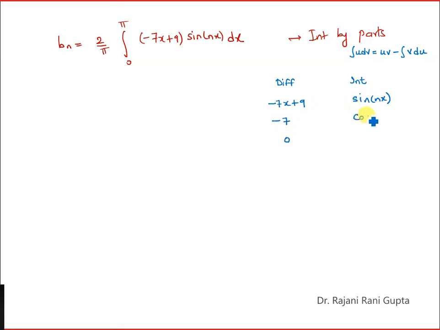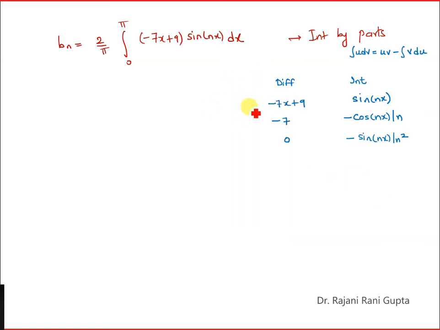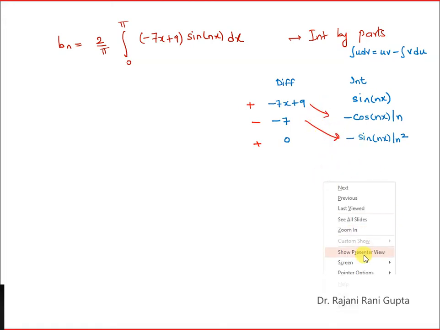Integration of sine is minus cosine(nx) over n. Next, minus sine(nx) over n square. Then we put the signs to collect the terms together: start with plus, minus, plus, and multiply across. So there will be two terms in the expansion.